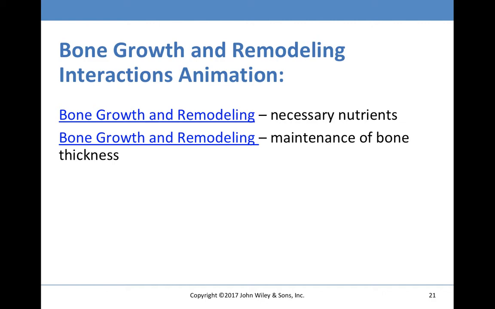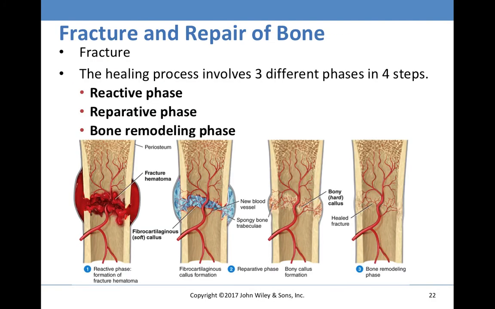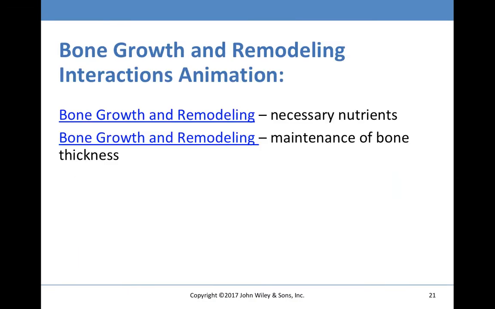And so then we also have our bone remodeling. In bone remodeling, this is simply where we replace old bone with new bone tissue. This happens via osteoclast activity. The old bone will be destroyed by the osteoclast. Remember, these are the cells that break down things.